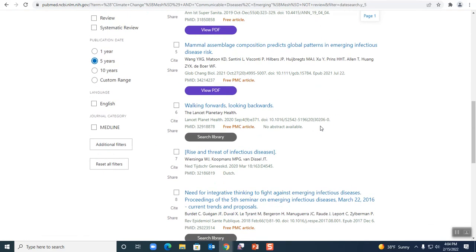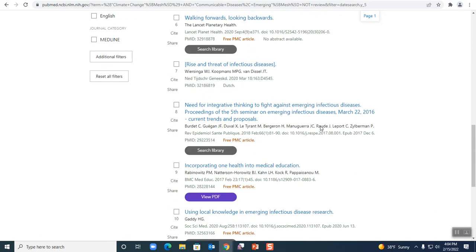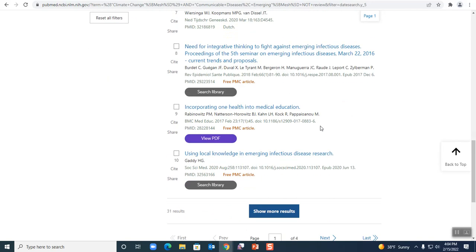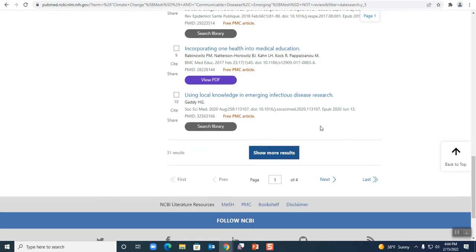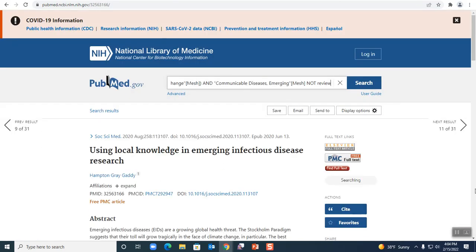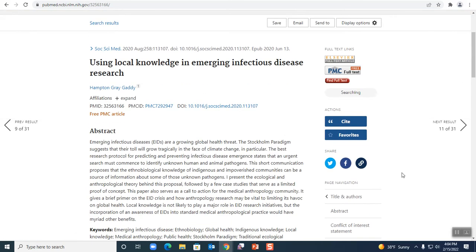I'm doing this to show you something else, okay? Okay, let's look at this one. Infectious diseases research. You can get the full text here if you want, or even here we have an Elsevier journal, so you can look at that.